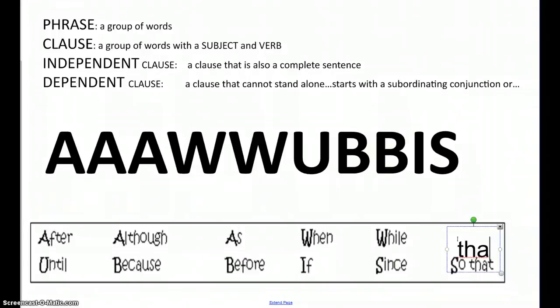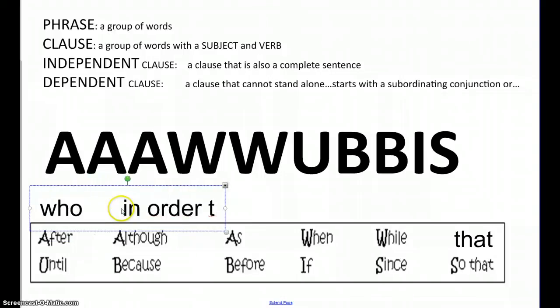Who can be a subordinating conjunction. In order that can be a subordinating conjunction. We'll continue adding to this list as we go.